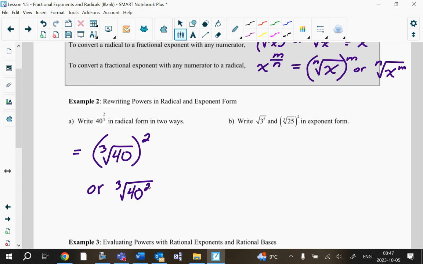Okay, what if I asked you to work backwards? We're going to take two of these. This one first. How would you write that in exponent form? 2 over 5?